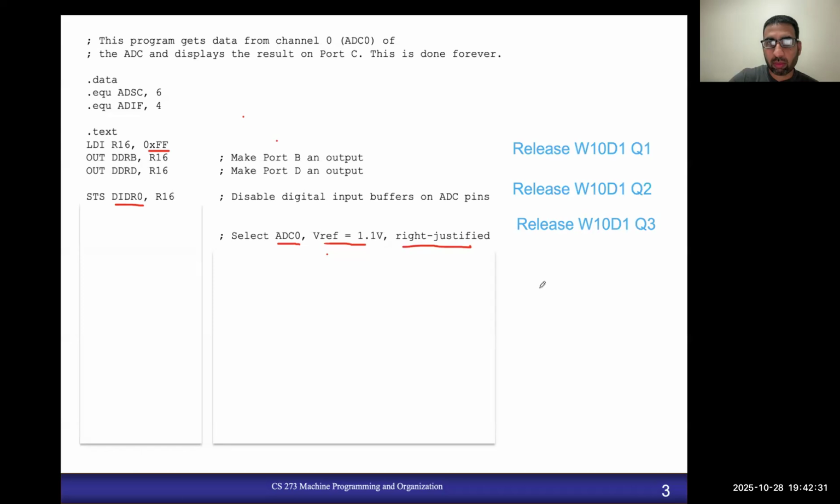If you have question, you can ask me, okay? I mean, uh, about the lecture, for example, why we were writing 0xFF in DIDR0 or something. If you have any question, you can stop me.